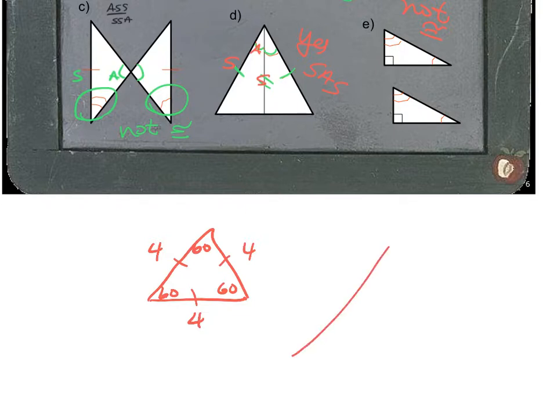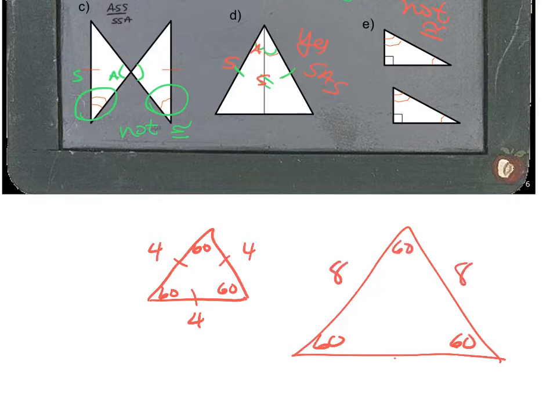Then I draw another larger one that's also equilateral, but these sides are 8. Notice they are not exactly the same size. They are the same shape. However, the sides are not congruent. So this is why I could have 2 triangles with the same angle measures, but they would not be congruent. So this is why there's no angle, angle, angle shortcut.